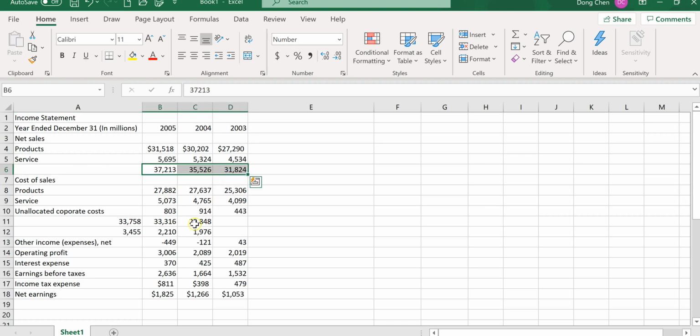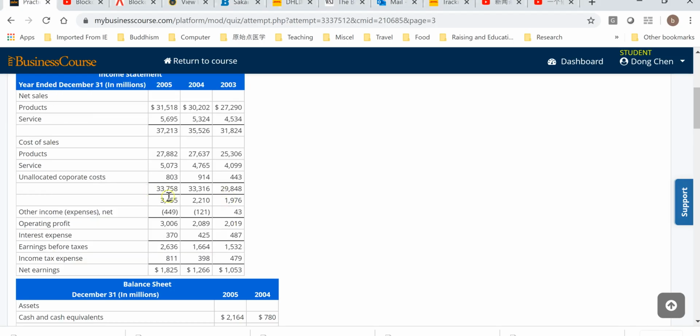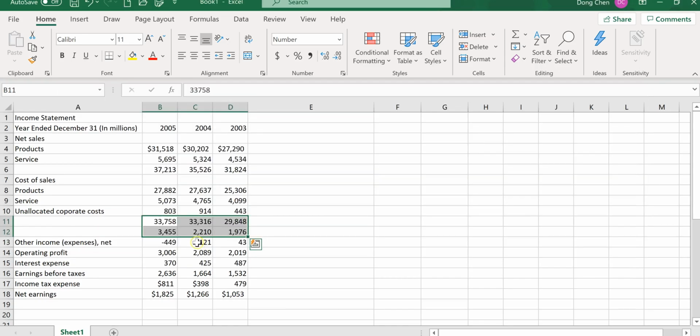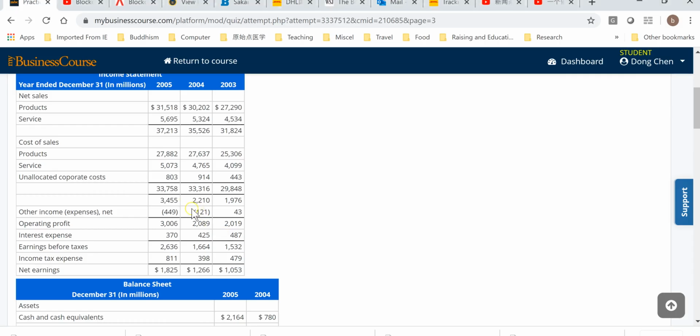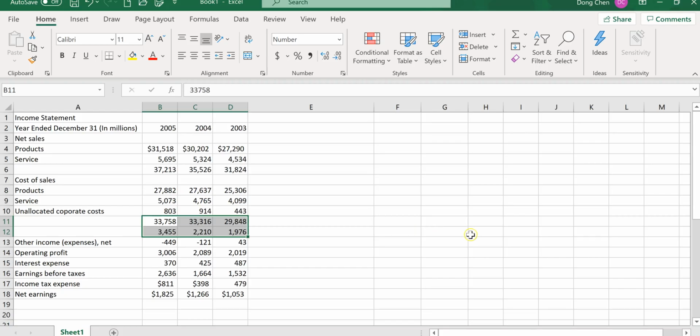So we need to move this here, and the same thing happened here. For unallocated corporate costs, just double check whether that's correct. Seems to be the case. Yes. So that's my income statement.